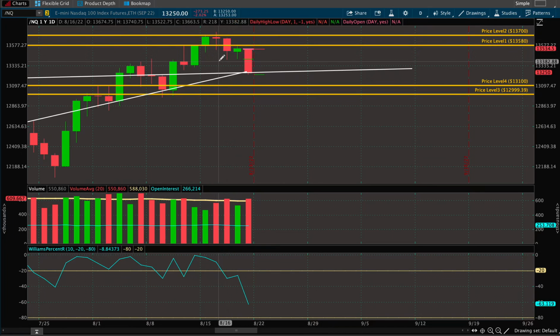Now, I do scalp here and there MNQ based on the daily charts, but here we are looking more at the swing side, so I'm going to focus on the swing trades that I took. As this confirmed that there was a break of 13,580, that was my goal to trade on Thursday.